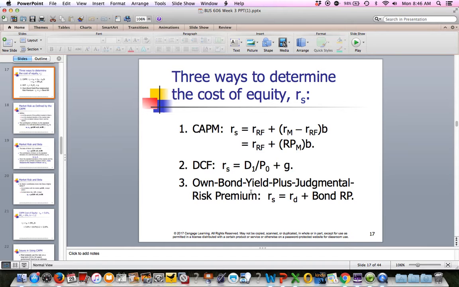Okay. Now the other big topic in the chapter, which isn't quite as big as just what the WACC is, is CAPM, and that stands for Capital Asset Pricing Model. Now this discusses there's three ways for a company to determine its cost of equity, and that R sub S, think of it as stockholders' equity.